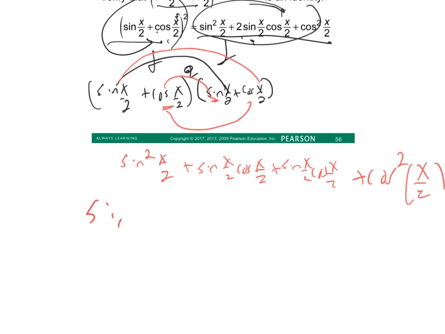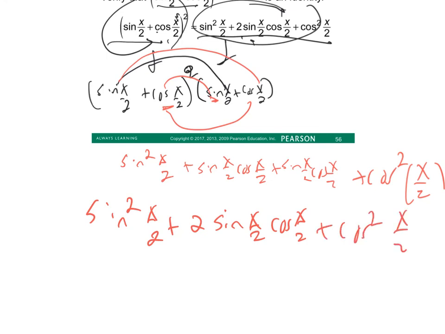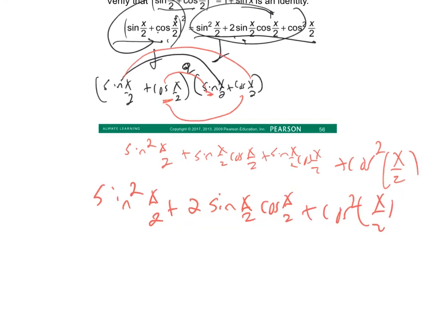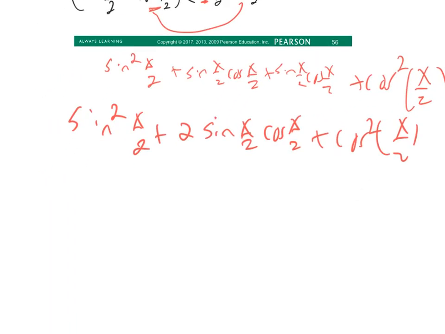That's sine squared x over 2 plus 2 sine of x over 2 cosine of x over 2 plus cosine squared x over 2. Now, this gets hard. What in the heck is going to happen here? I see something that you don't see, and it has to do with the Pythagorean identity.